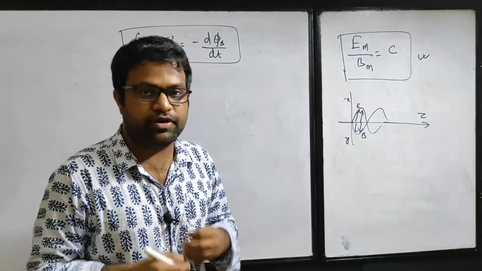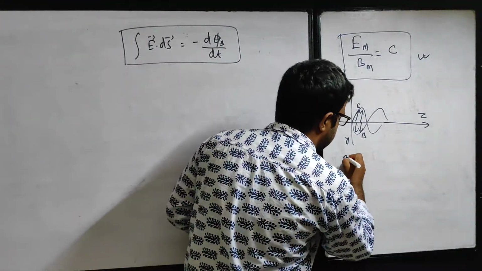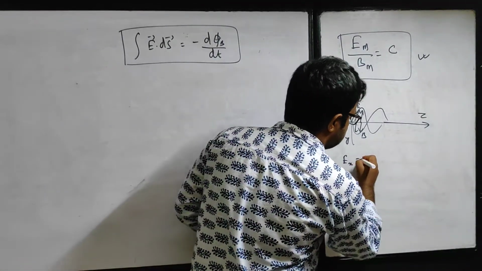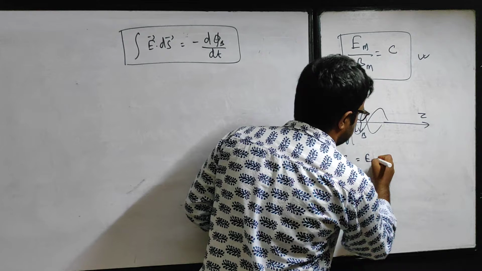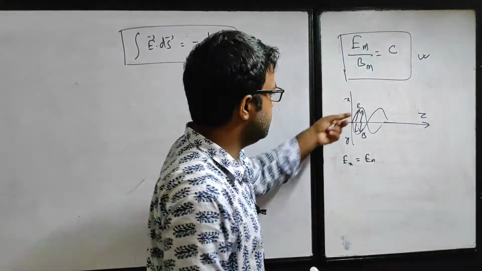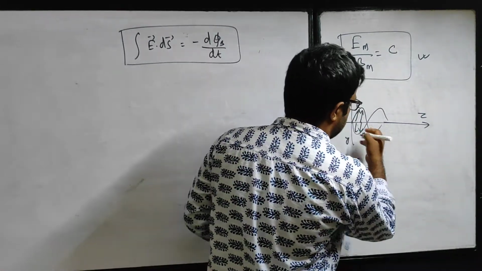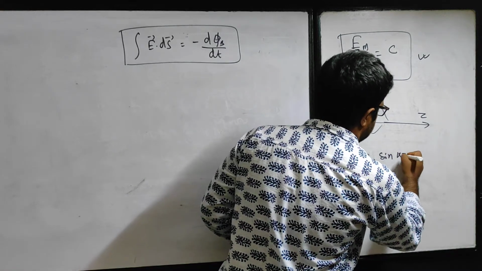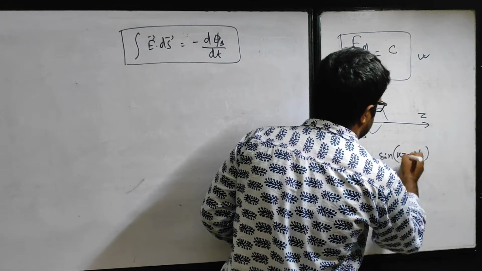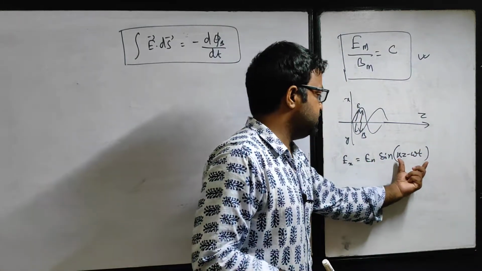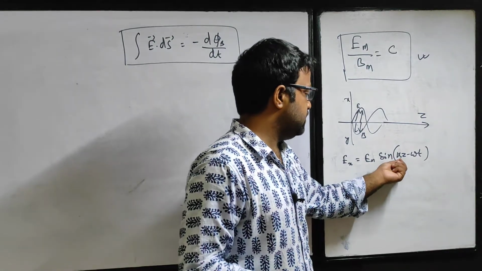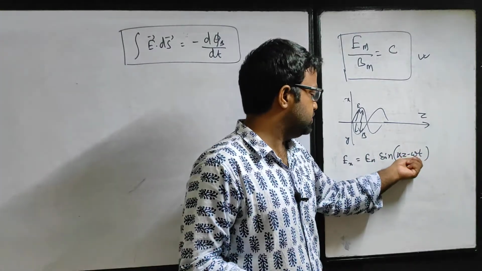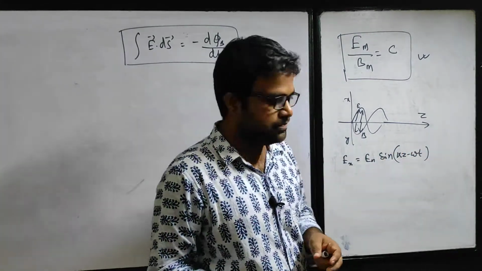So how will we represent the vectors? I'll write the electric field, oscillating along the x axis, as Ex equal to Em sin(kz minus omega t), where Em is the maximum amplitude of the electric field vector. Here k is the wave vector, propagating along the z axis, omega is the angular frequency, and t is the time.